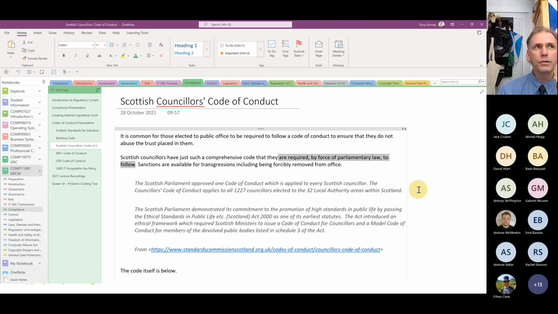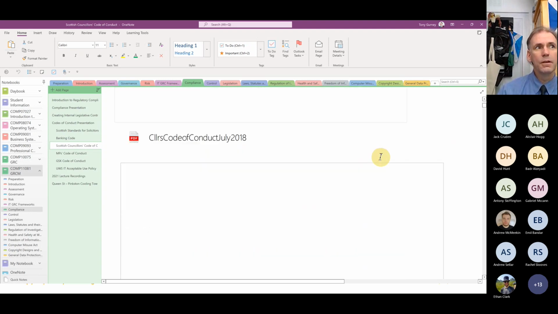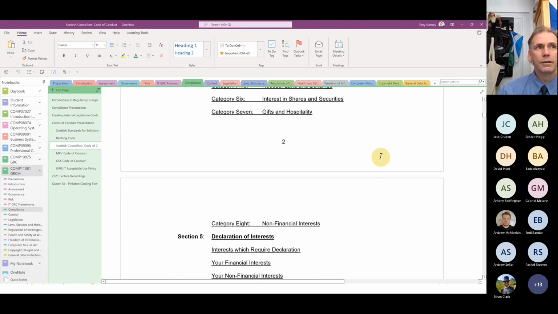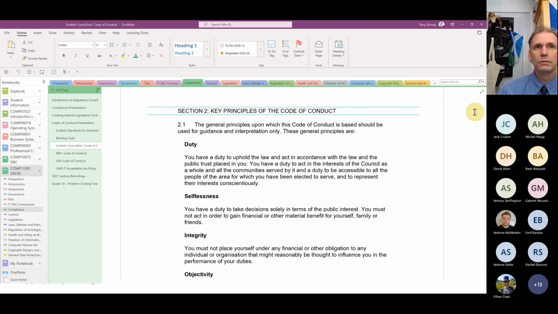So anyone breaching the code of conduct here can be charged. It includes a code of conduct. It introduces an ethical framework. And it is very, very, very long.